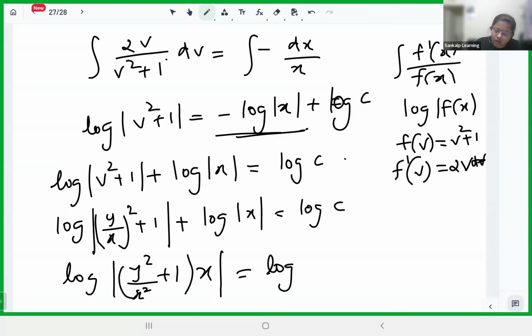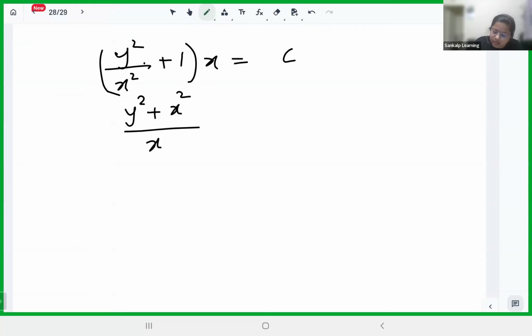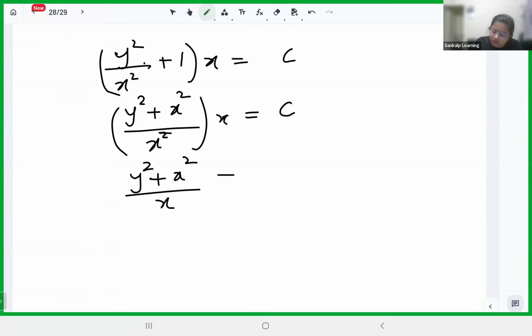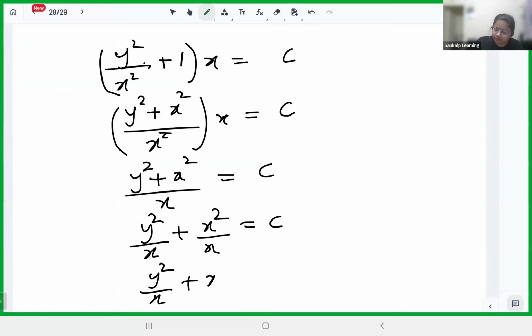And if you take exponential on both sides, this will be y square by x square plus 1 into x equal to c. So this is y square plus x square by x square into x equal to c. Okay, so x and this x get cancelled. So this is y square plus x square by x equal to c. That is y square by x plus x equal to c.